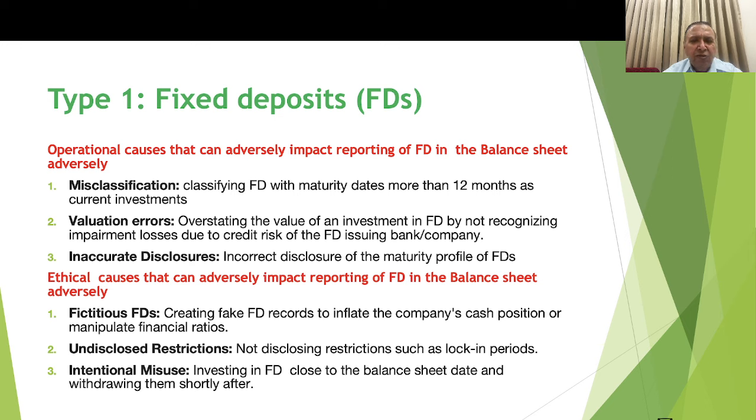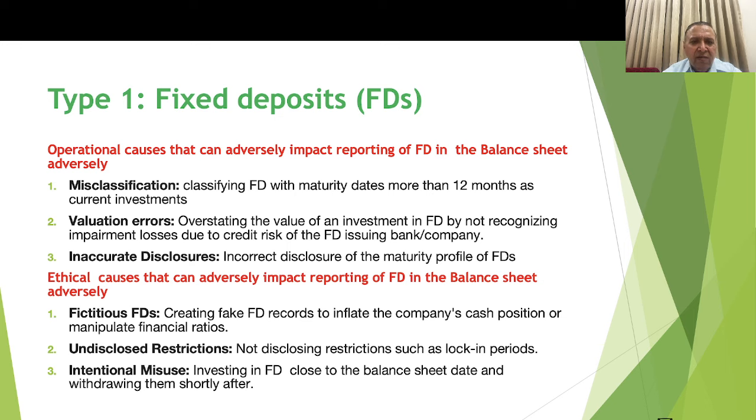So in case the FD issued by a company suffers impairment loss and that is not reflected, this can cause error in the reporting, adverse impact on the reporting. Third is inaccurate disclosures, incorrect disclosure on the maturity or profile of the FDs.